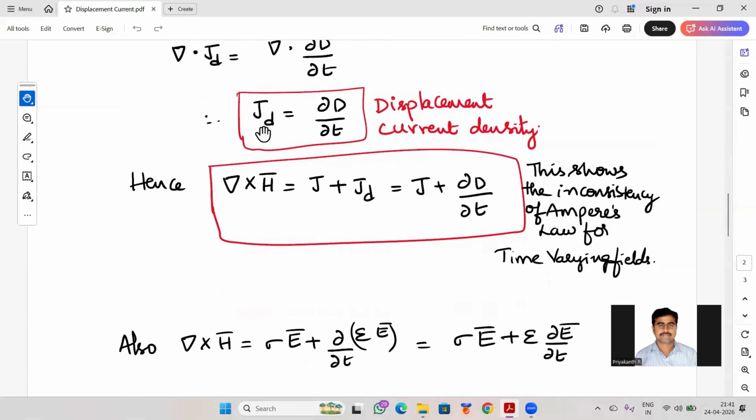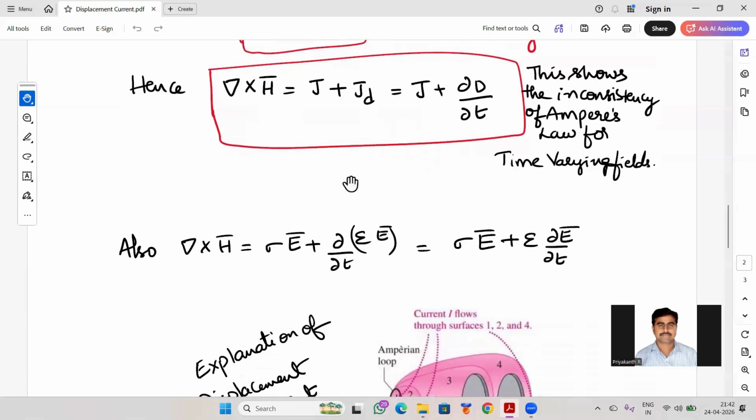And by comparing the above, JD is equal to dou D by dou t, and this is called the displacement current density. Substituting this into Ampere's law, we get the modified Maxwell equation for time varying fields. That is del cross H equal to J plus JD, that is equal to J plus dou D by dou t. This is also called the Ampere-Maxwell law.